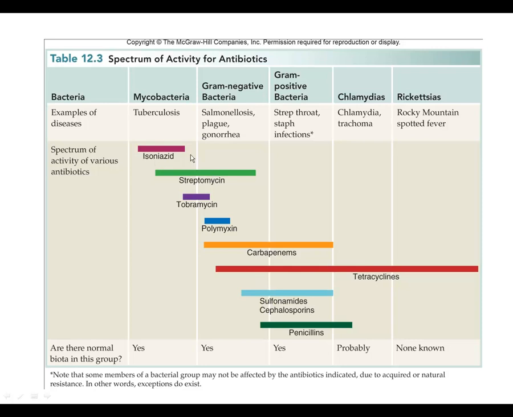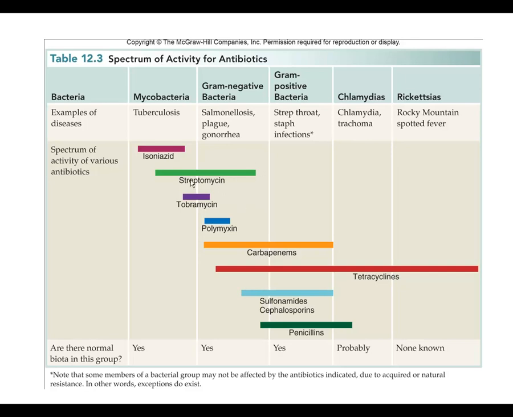Isoniazid doesn't really do a whole lot for anything but the bacteria in the mycobacteria family. Streptomycin takes care of the mycobacteria as well as a good number of the gram-negatives. Tobramycin, again, does a little bit with the mycobacteria, a little bit with the gram-negative bacteria. Polymyxin is purely gram-negative. It's only going to work with these gram-negative organisms. We're going to talk a little bit about bacitracin, which is actually one of the same groups of drugs as polymyxin.